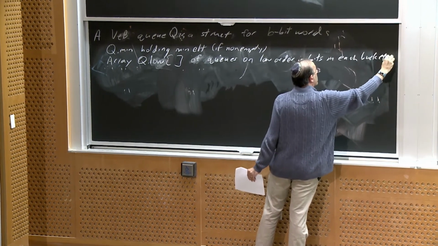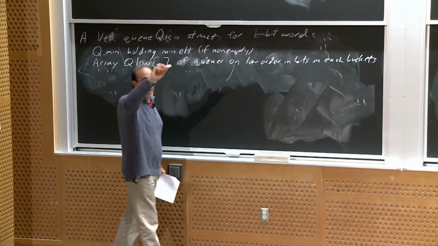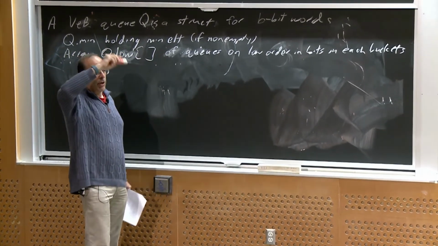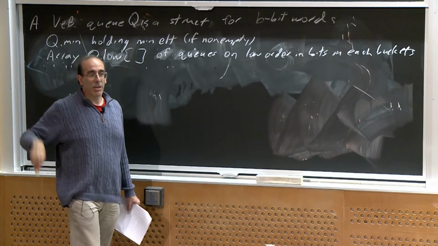So again, we're talking about a summary structure, right? We have a big array of buckets for containing items within a certain range.